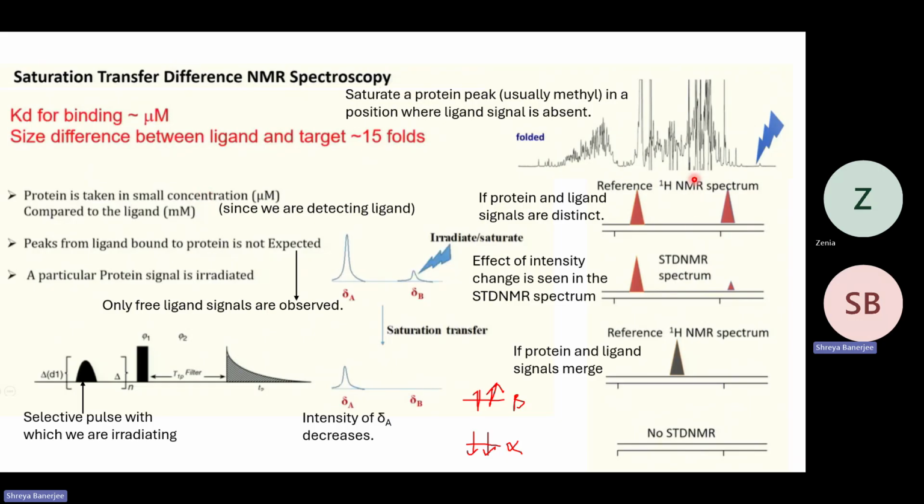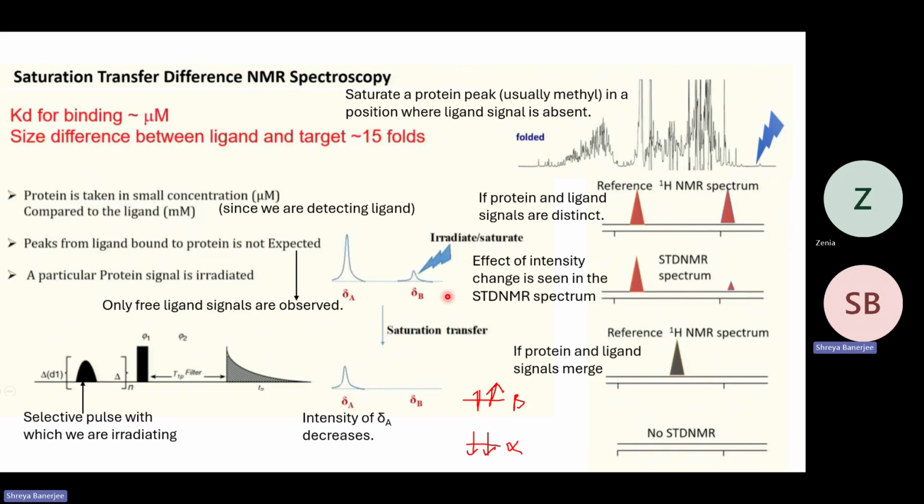If we look at the spectra now, ligand and protein, the signals are distinct. And STD NMR is basically the difference between these two spectra.